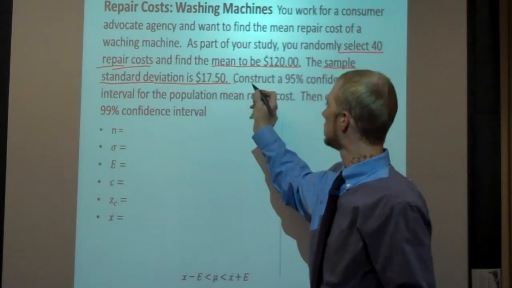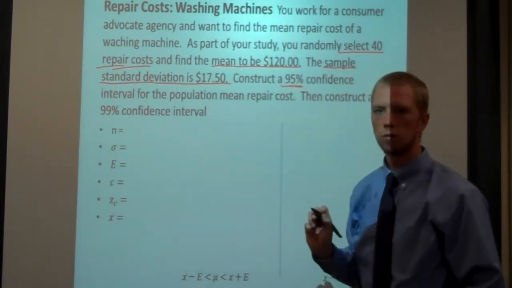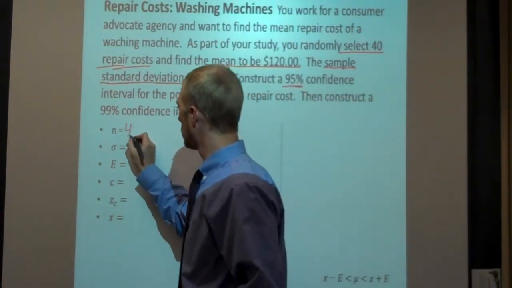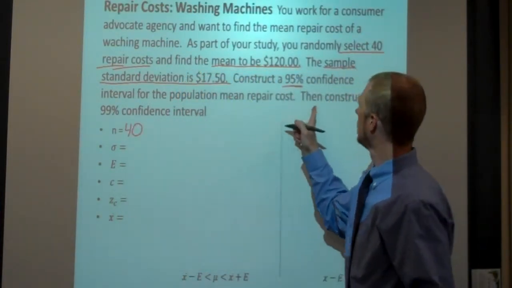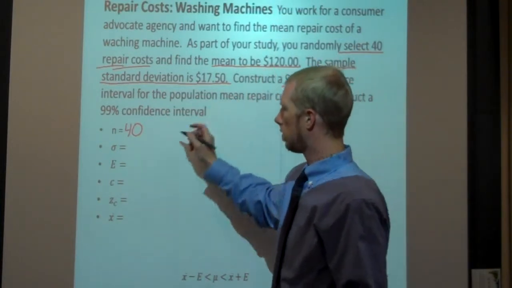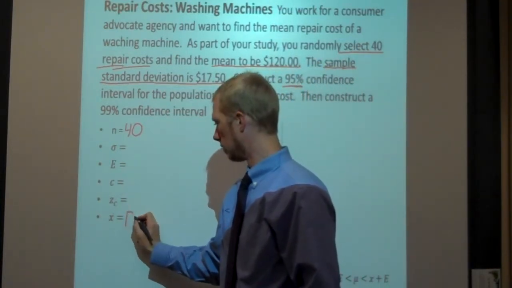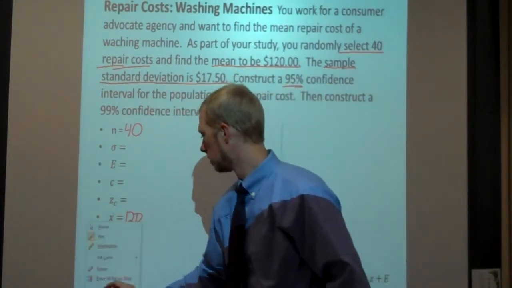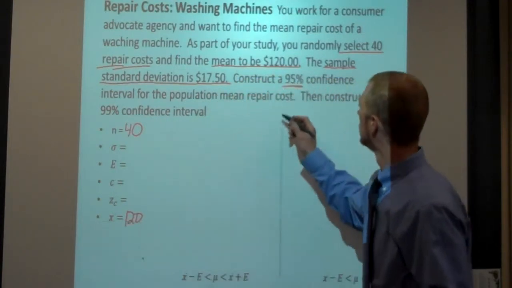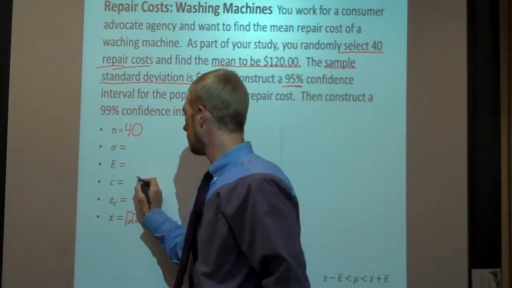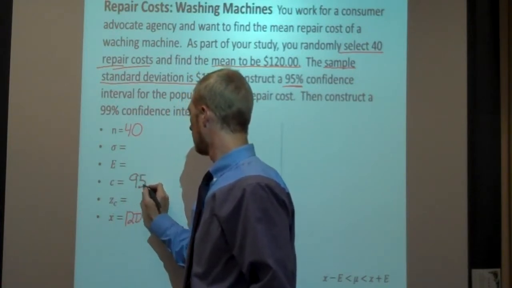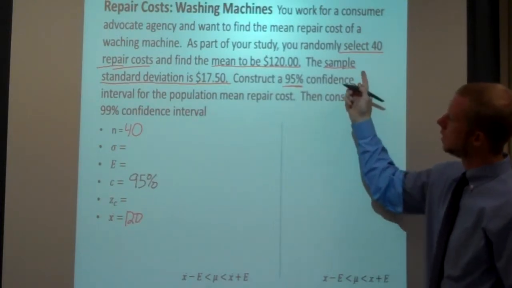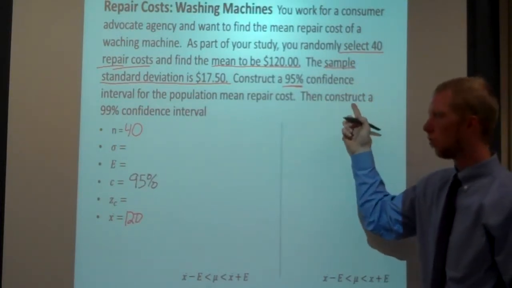Sample standard deviation is 1750, and I want a 95% confidence interval. Well, I can immediately fill in some of these. I know that n is 40. The mean of the sample, so that's x bar, is 120. My confidence level is 95%. And that's really all I'm given right there.